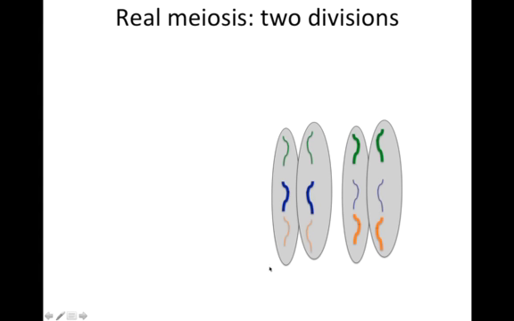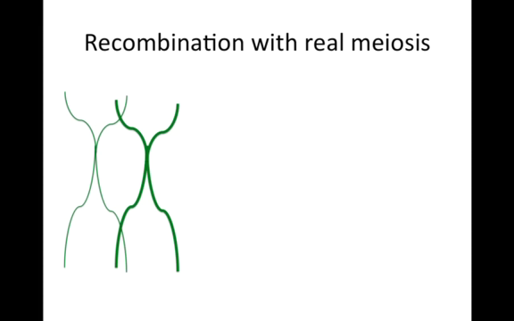And the major point here is we end up with 4 cells because we have this round of DNA duplication, which requires a second division. So, 3 things to point out here. We have DNA duplication, 2 divisions, leading to 4 meiotic products per meiosis.